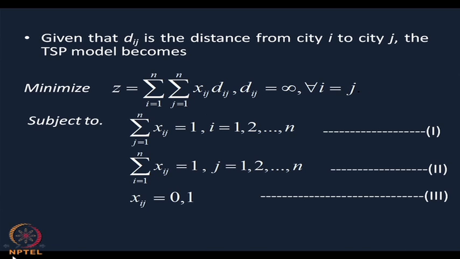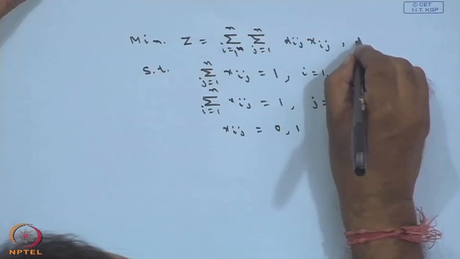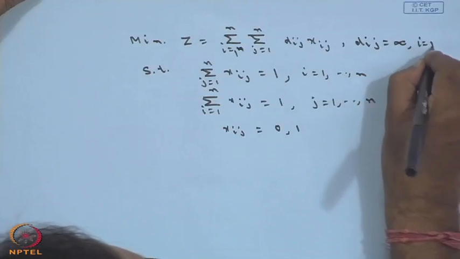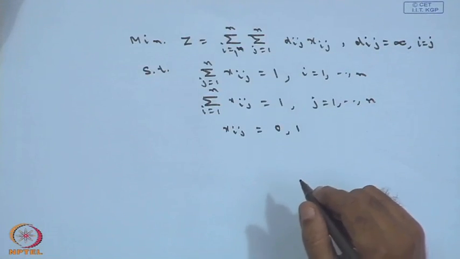If you see the objective, minimize summation over i equals 1 to n, j equals 1 to n, x_ij d_ij, where d_ij is the distance from city i to city j. If you note, d_ij equals infinity whenever i equals j.